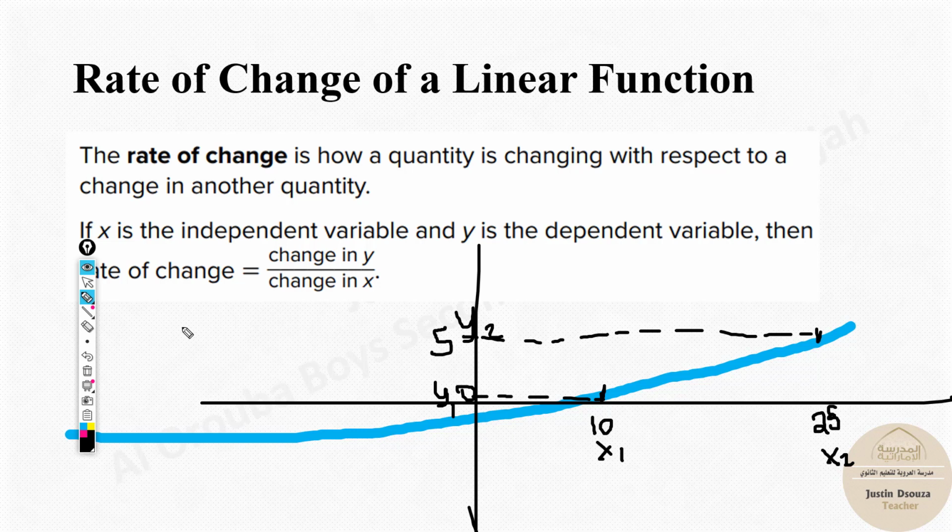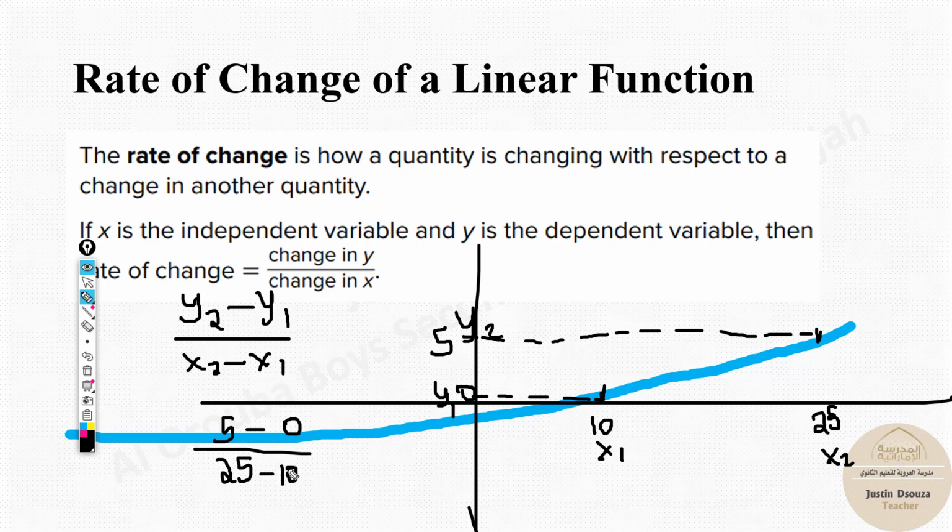So the rate of change would be y2 minus y1 divided by x2 minus x1. So here the greater value 5 minus 0 divided by 25 minus 10. The answer would be 5 by 15, or 1/3, or 0.33. This is the slope over here.